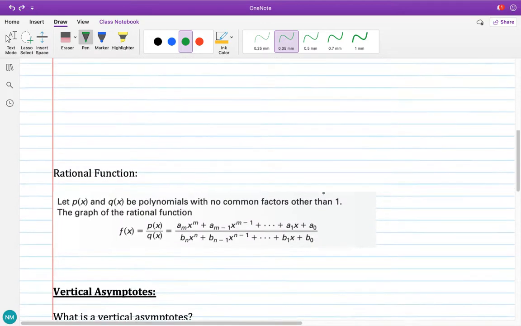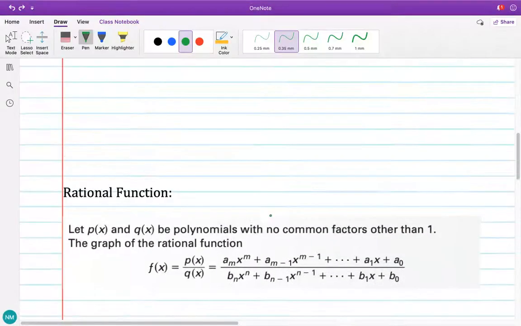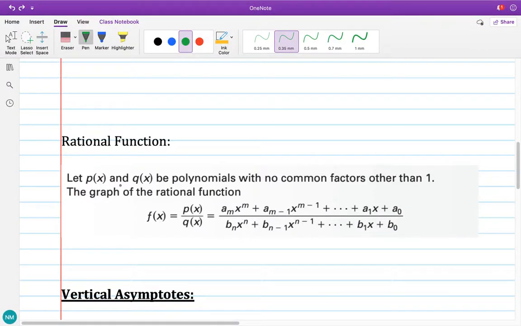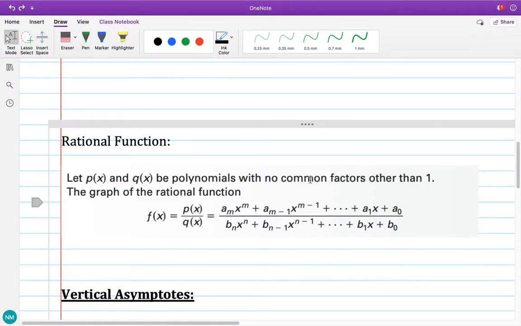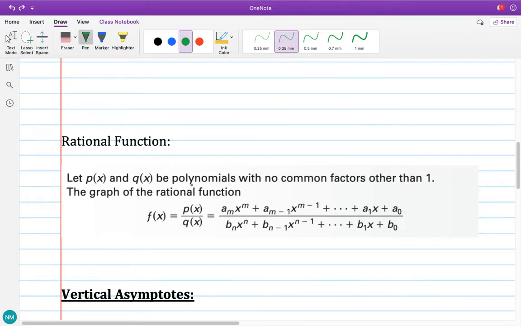So let's define a rational function in general first. Let p of x and q of x be polynomials with no common factors. That is key here. You have to simplify it before you graph it. In a later video, we're going to talk about removable discontinuities, which are also called holes.